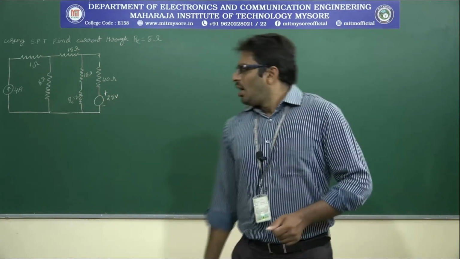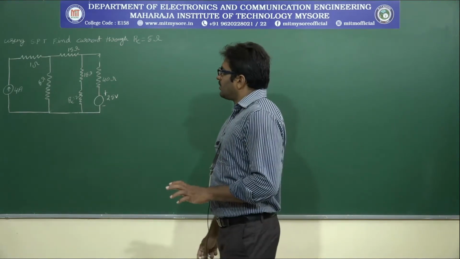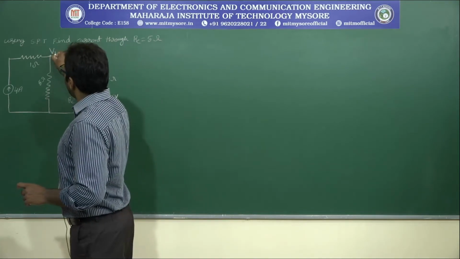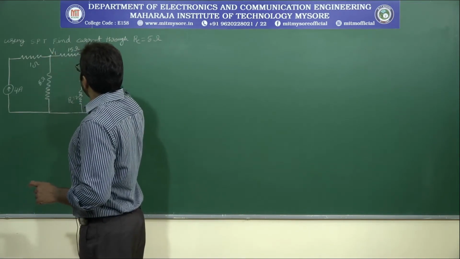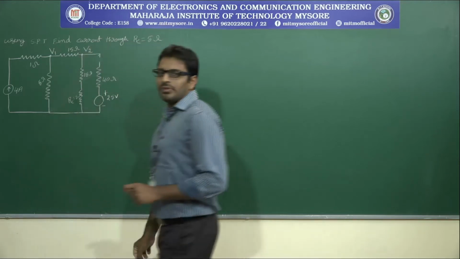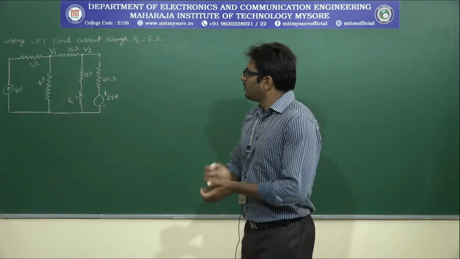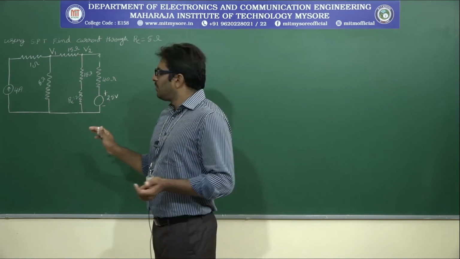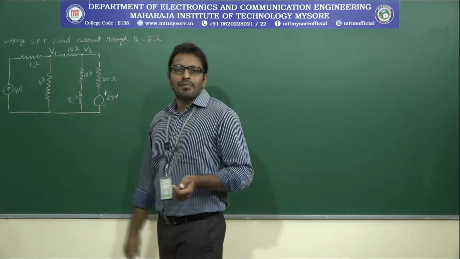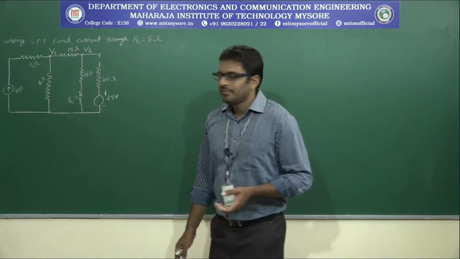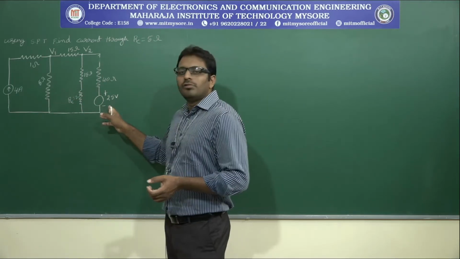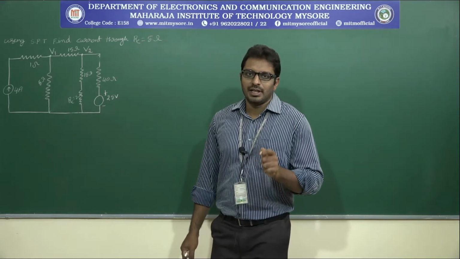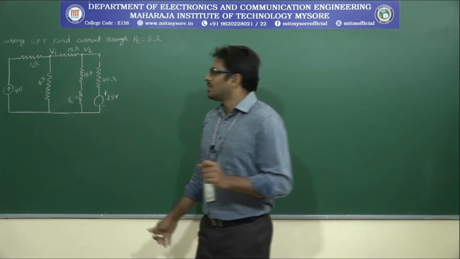Now, how many nodes are there in the circuit? There are two nodes. Let me call this V1, node number 1, and this one node number 2, V2. So there are two sources in the circuit, so we can consider two cases. Case 1: first, by keeping 4 ampere current source as it is, and this 25 volt voltage source is set to 0, because we need to consider individual sources.